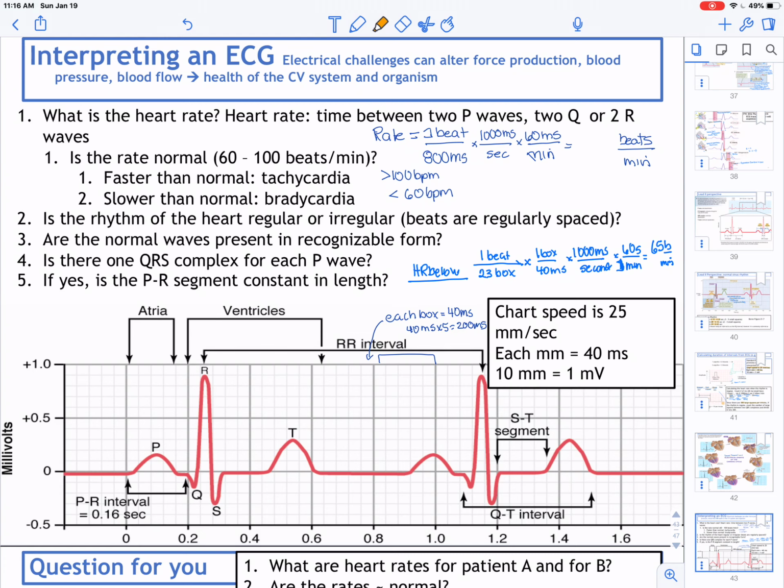If somebody came in with chest pain, if they had a fainting episode, if they felt dizzy regularly, or they were noticing irregular beats, or you noticed irregular beats when you were doing a cardiac exam. So the first thing you're going to do is calculate the heart rate using the procedures that I showed you above.